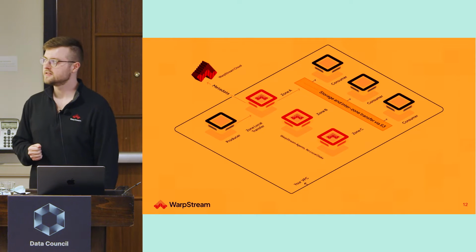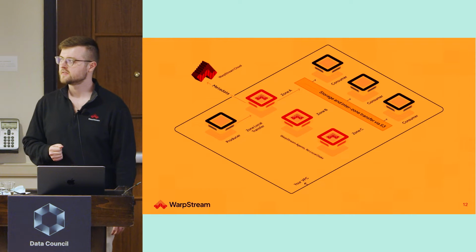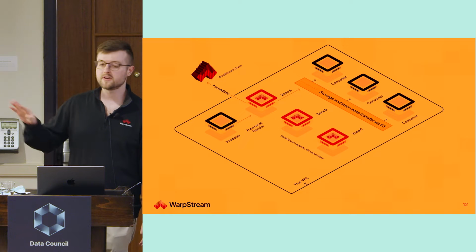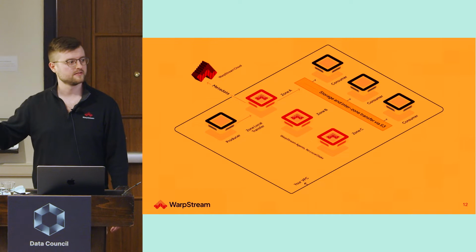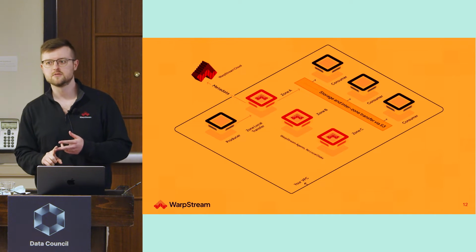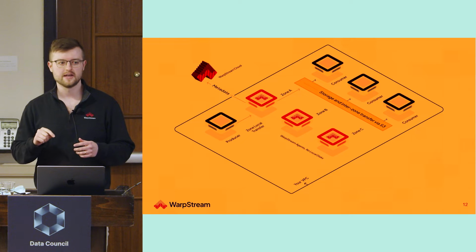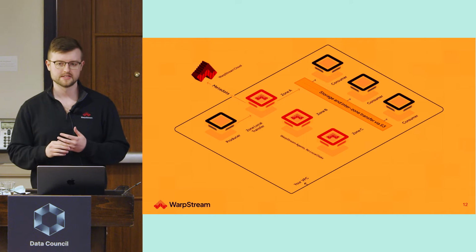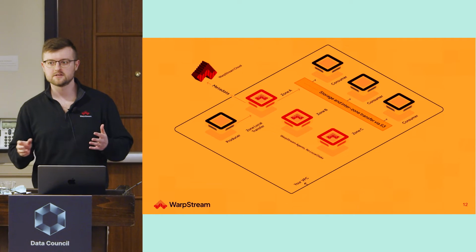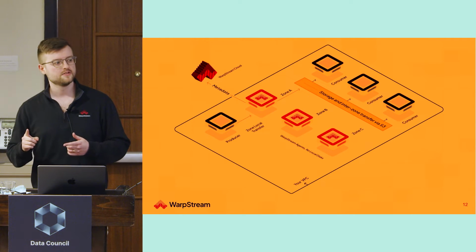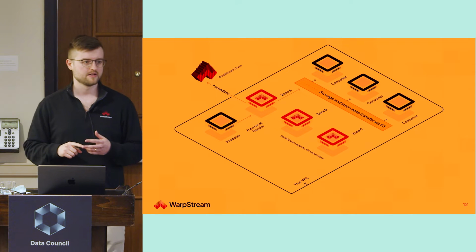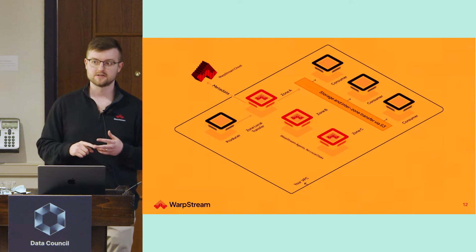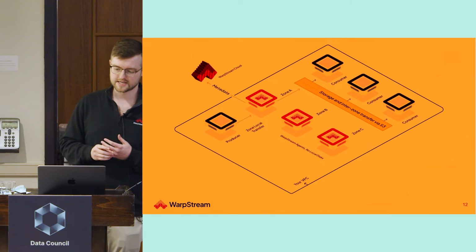We've enhanced the Kafka service discovery system so that everything in WarpStream works like fetch from follower. Your produce and consume ends up going to an agent in the same availability zone as you, which means you don't pay any interzone networking fees from your client to the agent, and you don't pay any interzone networking fees when the agent eventually writes a file to S3.